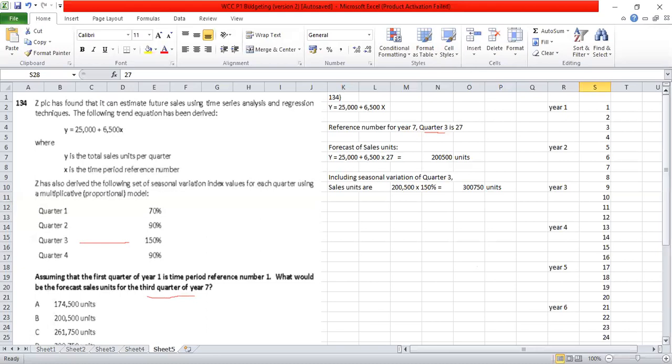Now, if there was no variation, this would be the answer, 200,500. But now we see that there is a seasonal variation applicable for each of the quarters. Quarter 1 data would be only 70%, quarter 2 it is 90%, because there's a seasonal variation. We do not see the sales of some of the products the same throughout the year.